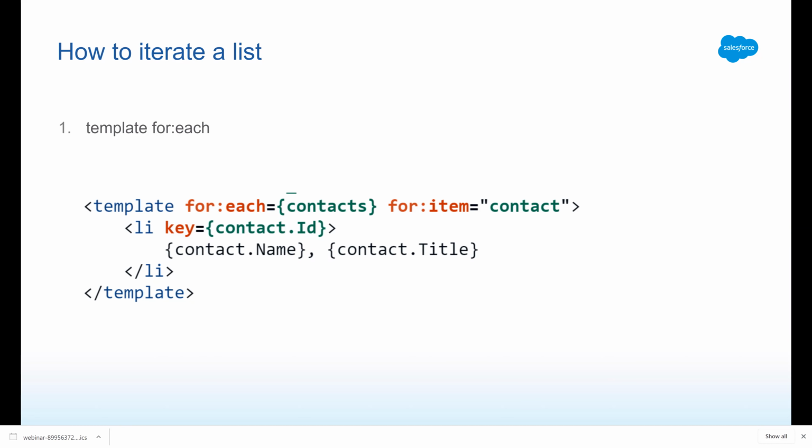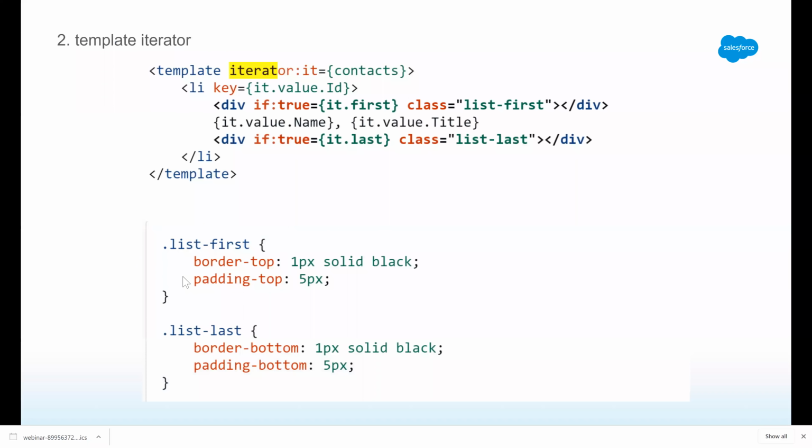That is why we say that whenever anything changes, it renders a very specific element on the page, and not everything. So we are just iterating a list over here, and another iterator option in the HTML part of a Lightning Web Component is template with the iterator attribute.